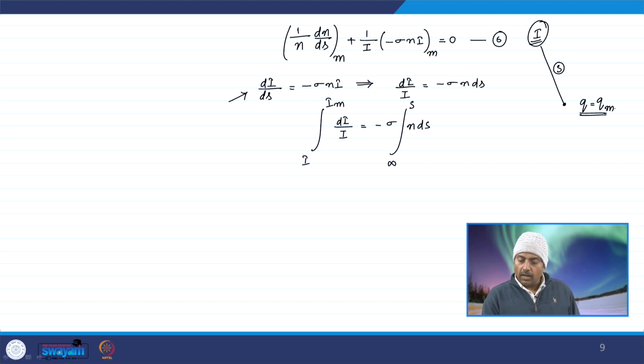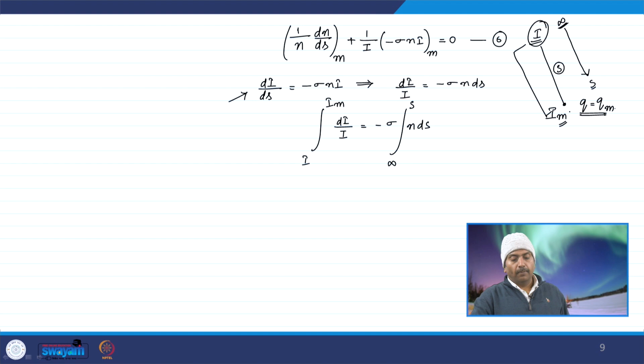When q equals qm, I say that the intensity has decreased to a value of Im. So, this becomes the limits of integration for the intensity, and if infinity is the largest unknown distance from which the radiation starts to attenuate, then the distance it has traveled is s. So, the lower limit of the distance becomes s. The initial distance is infinity to s. So, the travel is from infinity to s, while the intensity drops from I to Im. Okay. Fine. So, that is how we get the limits of integration.